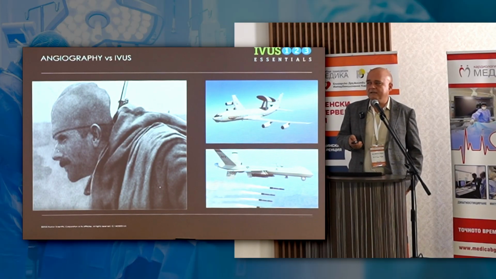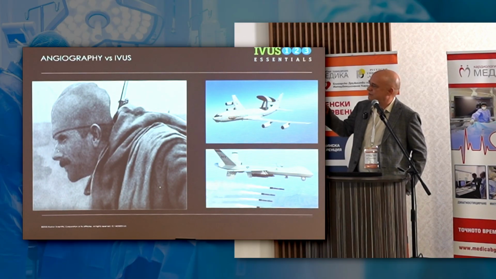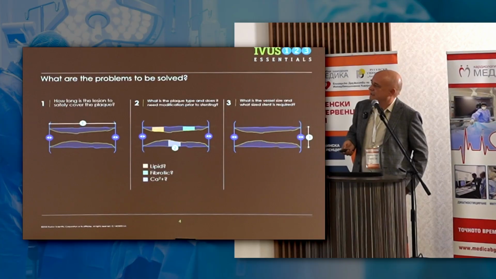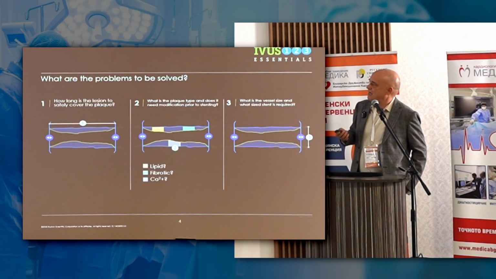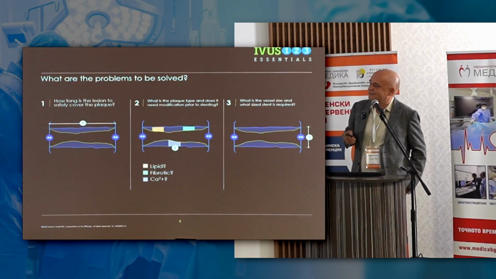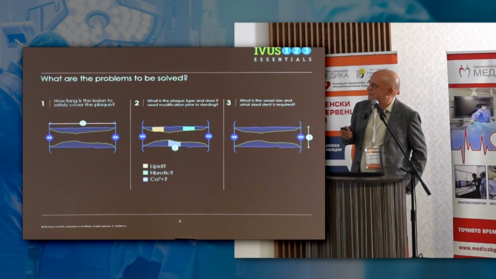So maybe we can say to the guys from Boston to equip a new IVUS with a non-compliant balloon or IVL. What are the main issues with IVUS? Main 3 questions. First, how long is the lesion. The second one is plaque morphology, plaque characterization, and does it need to be modified prior to stenting?